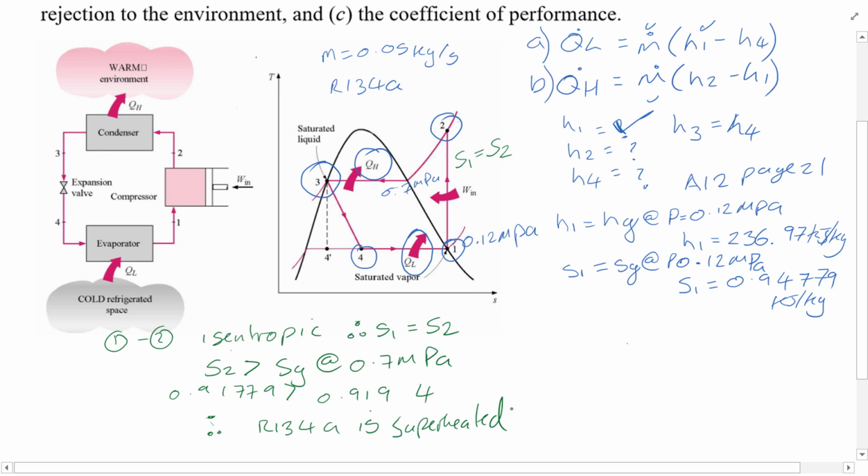So, with this in mind, we need to use table A13, and we're going to have to interpolate to find the corresponding enthalpy value for the S2 value that we've got.